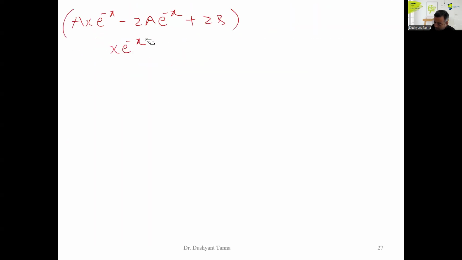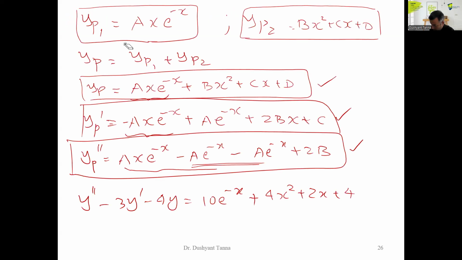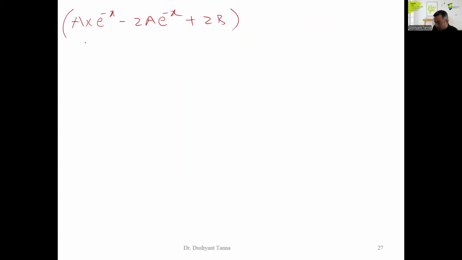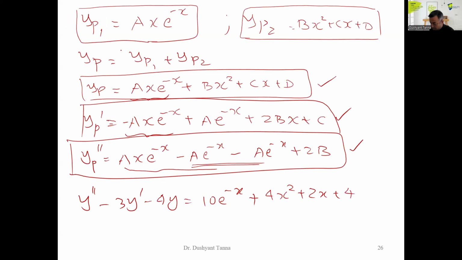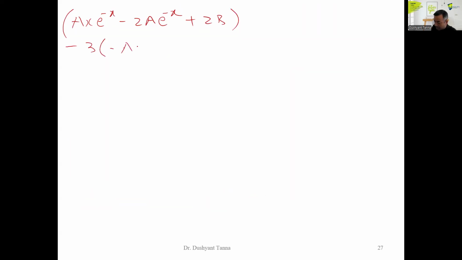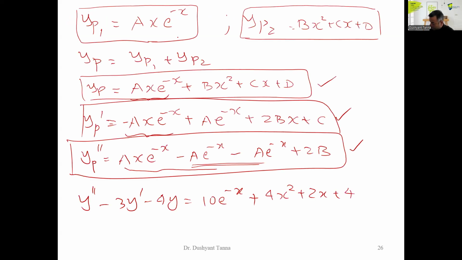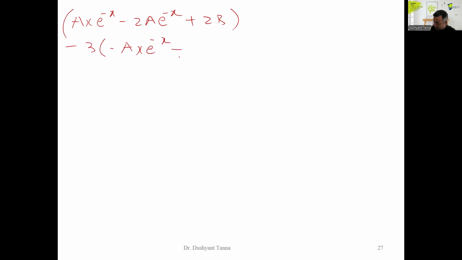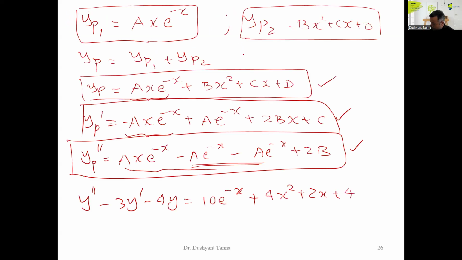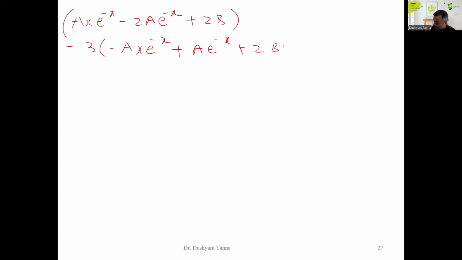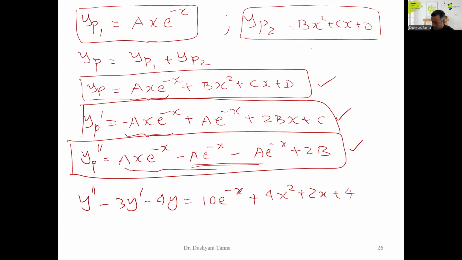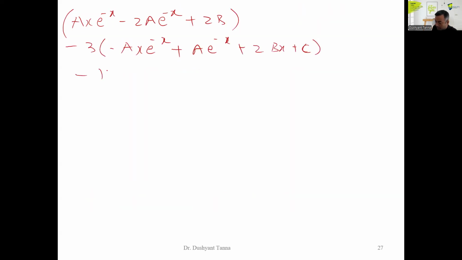Sorry. So you take your time writing this one. Minus 3, y dash is this: minus Ax e raised to minus x plus A e power minus x plus 2Bx plus C. Right? Minus 4y.